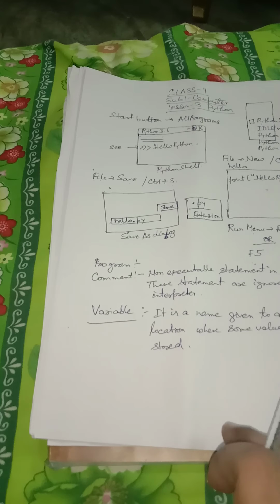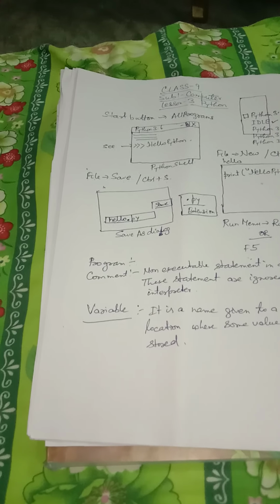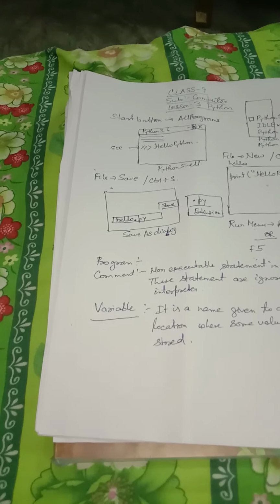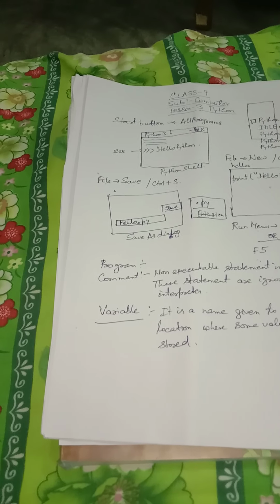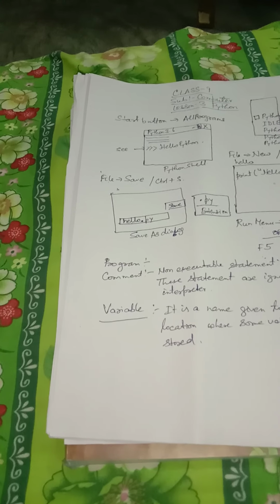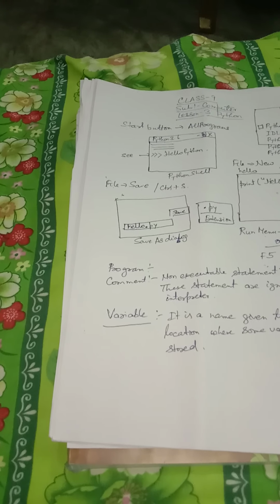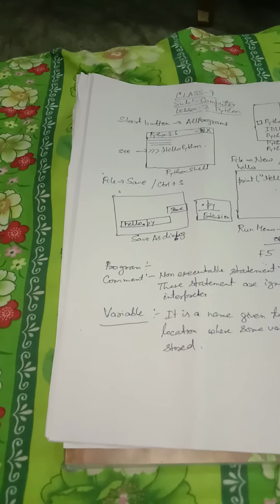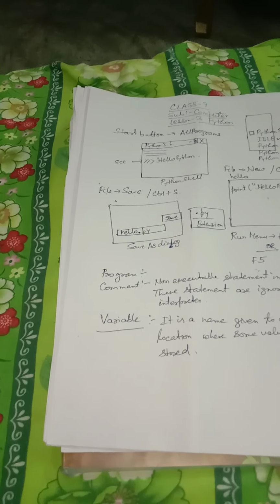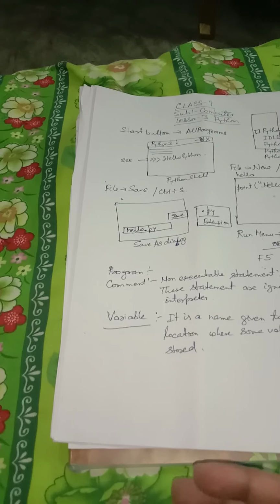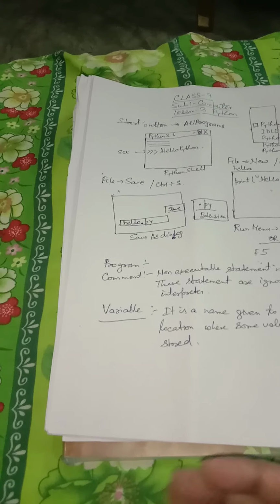The value can be of different types: integer, float, or string. Integer means negative or positive whole values can be stored. Float means decimal values can be stored, and string means values of more than one character can be stored. It is like a container that can hold a value, and the value of the variable can be changed during the program whenever necessary.